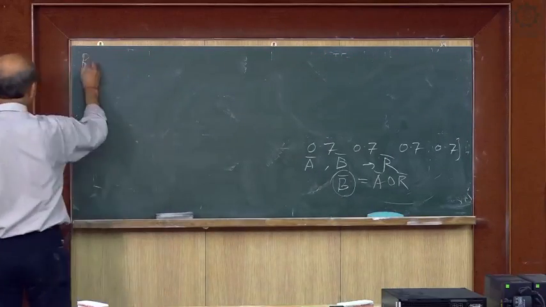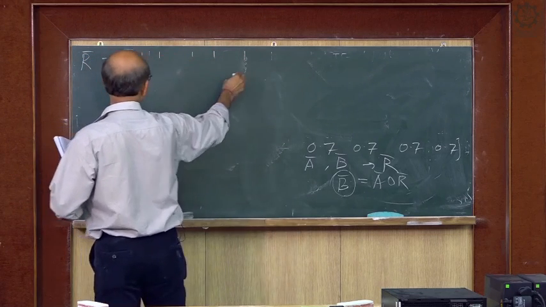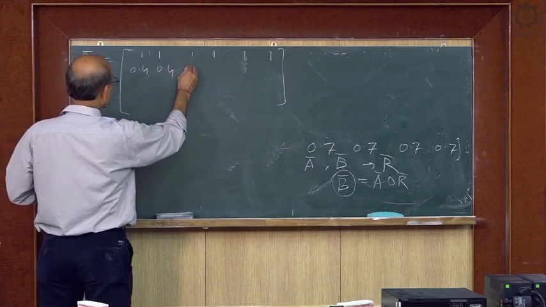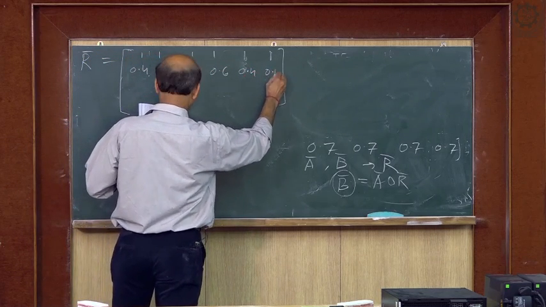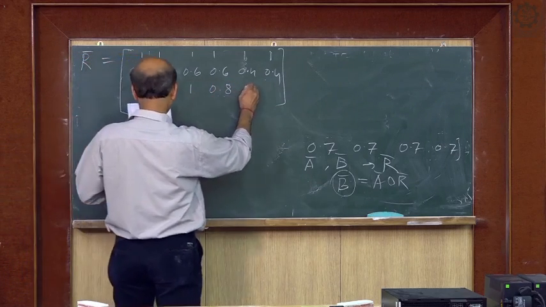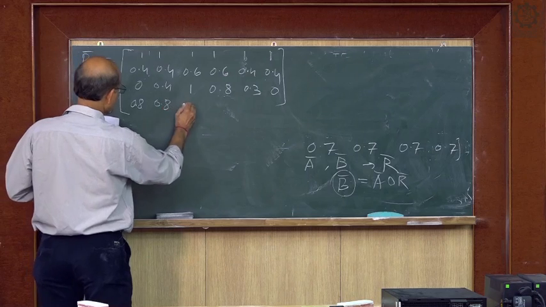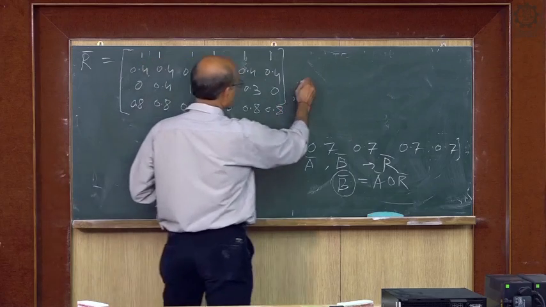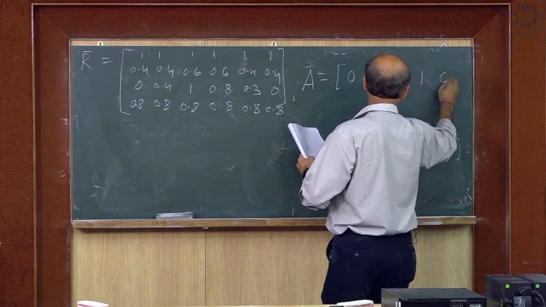This R bar was 1 1 1 1 1 0.6 1, 0.4 0.4 0.6, 0.6 0.4 0.4 0 0.4 1 0.8, 0.3 0 and 0.8 0.8 0.8 0.8 0.8 and 0.8. You are given A bar as 0 0.6 1 0.2.